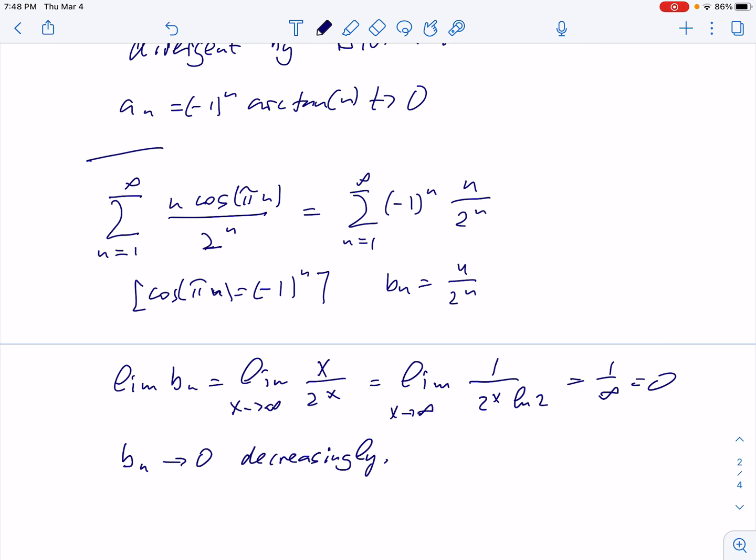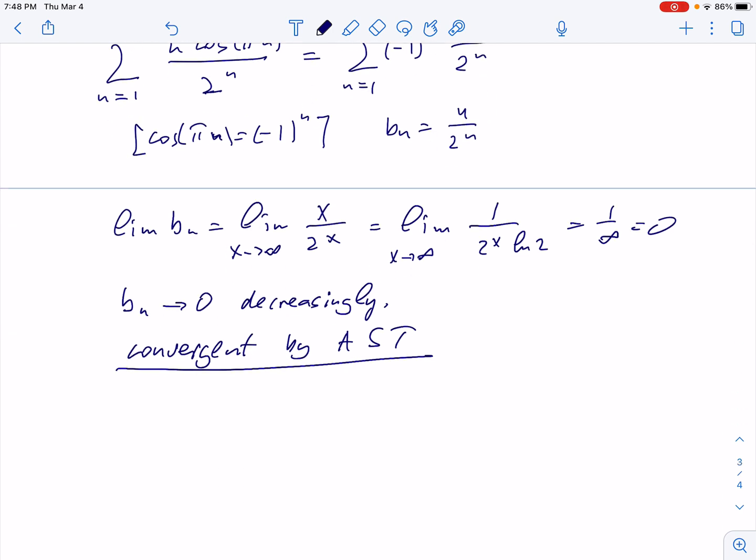So the series is convergent by alternating series test. Okay, I will stop now with applying the test. You'll see many more examples in the book, and please go to your homework and do all similar examples.